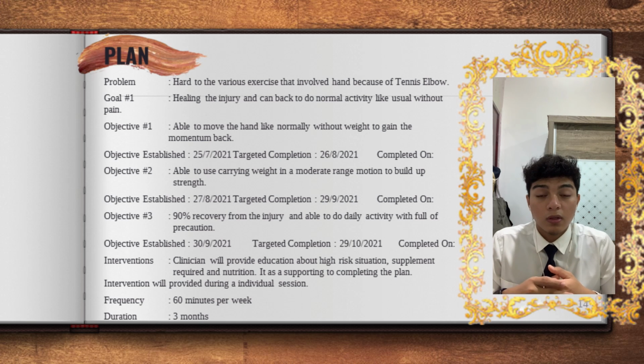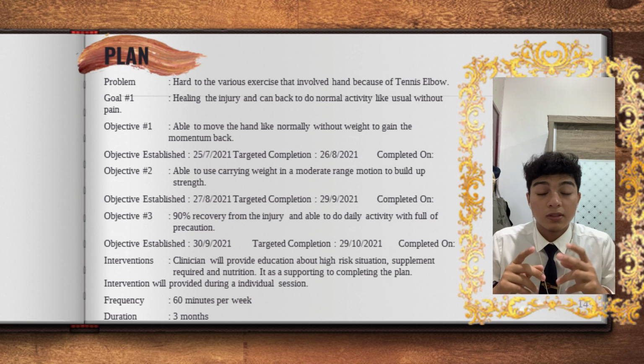The goal provides objectives, the phases that we want to achieve phase by phase. Each objective has a provided time period, so in one objective we target a period of time to achieve it.